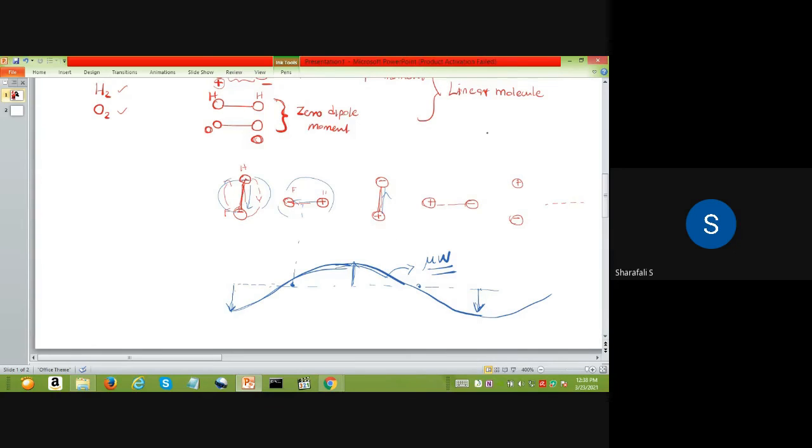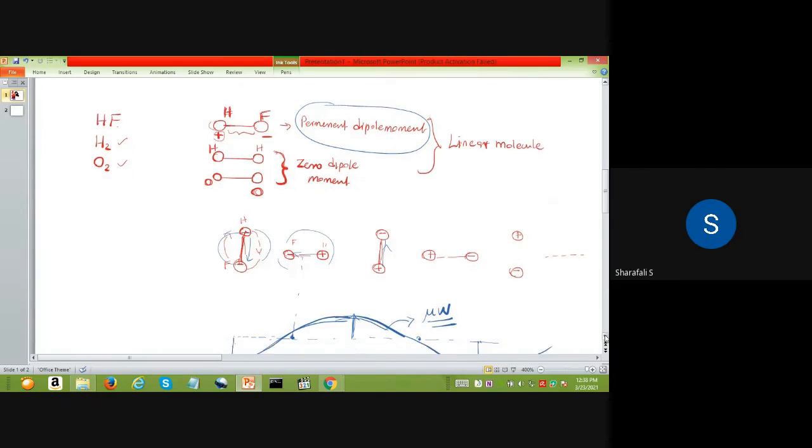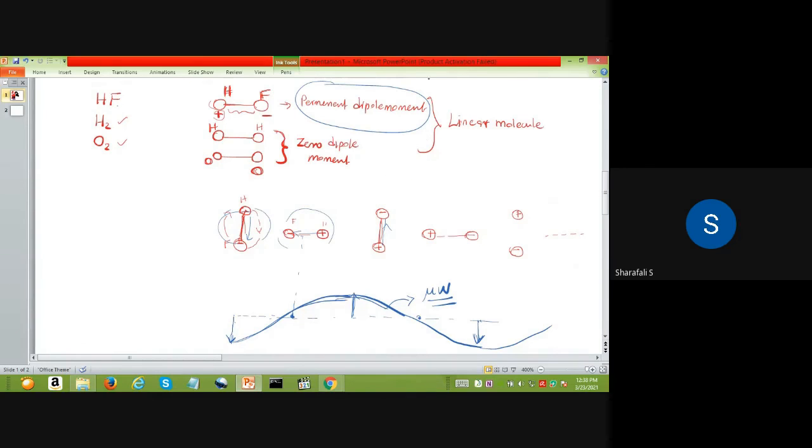So in order to rotate these molecules, they must have this permanent dipole moment. Then only the molecule will rotate, and only those molecules with a permanent dipole moment will be microwave active.